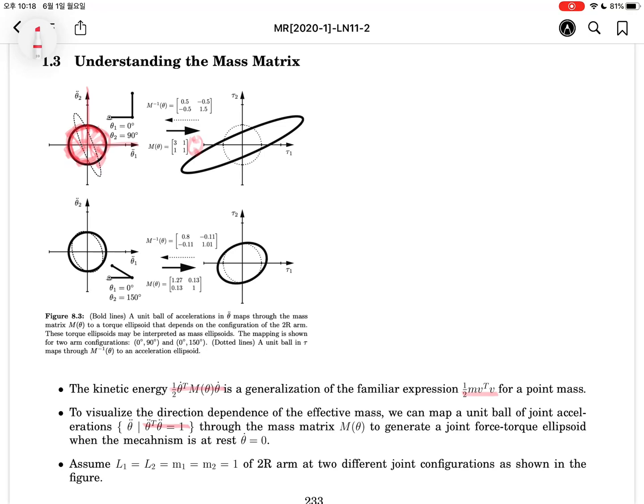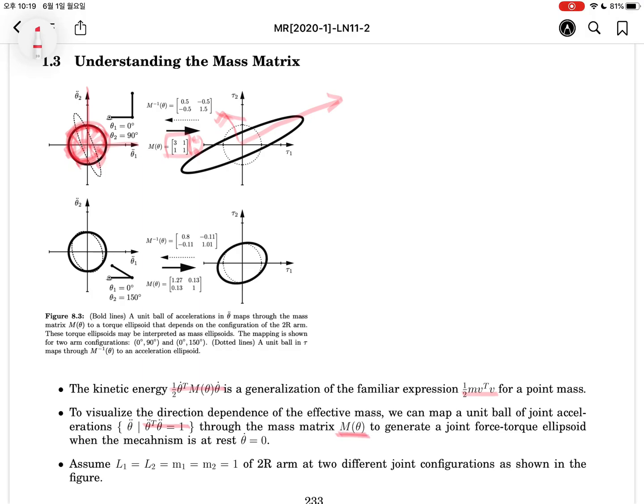Maybe the cosine and sine. Then it corresponds to the ellipsoid. This ellipsoid can be written using the major axis and the minor axis. So an acceleration of unit magnitude in some direction will make a big torque in some direction. Is it right? In order to obtain this kind of concept, we should apply eigenvalue decomposition to the inertial matrix.